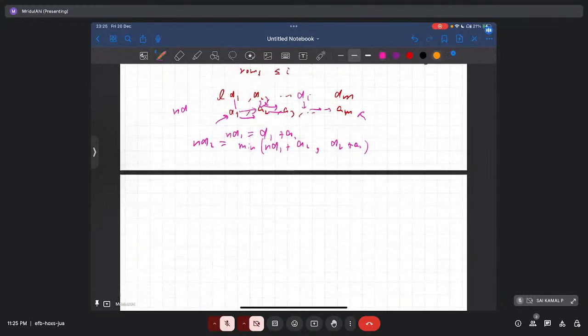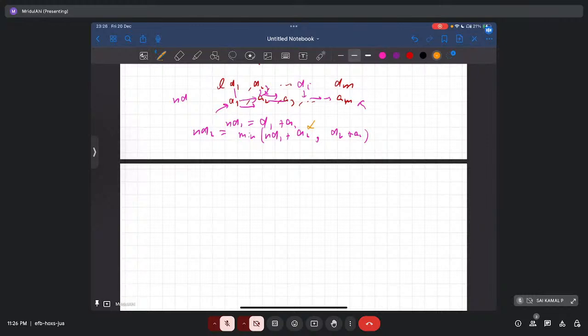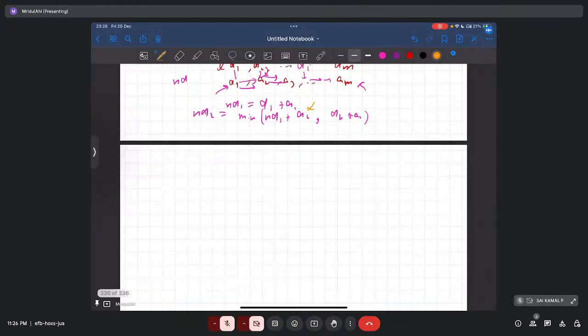So this gives us an intuition to store a variable while iterating from left to right. Or we can define this so we do not need to store a variable also. We can just do ndi equals min of ndi minus 1 plus ai, comma, di plus ai.